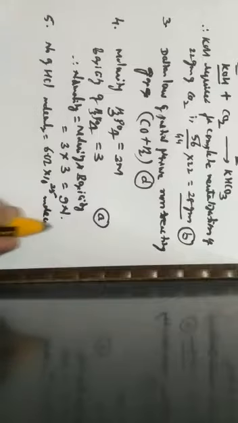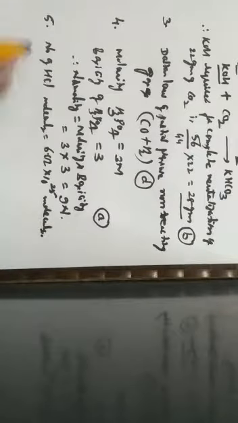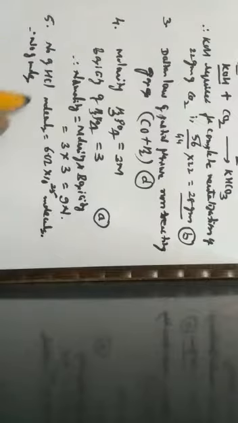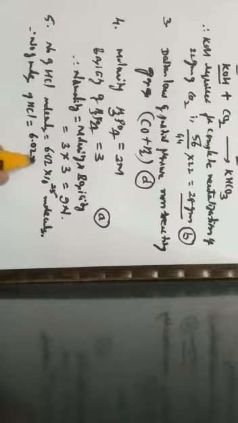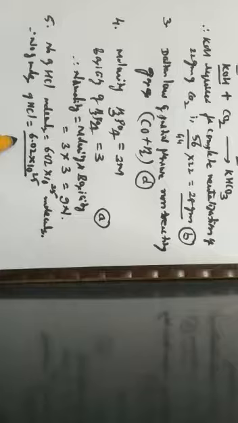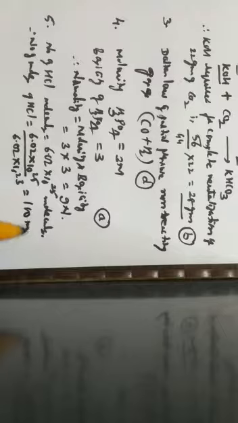So one should know that the number of moles of HCl is the given number of molecules, 6.02 into 10 to the power of 25, divided by the Avogadro number, 6.02 into 10 to the power of 23. That is equal to 100 moles.